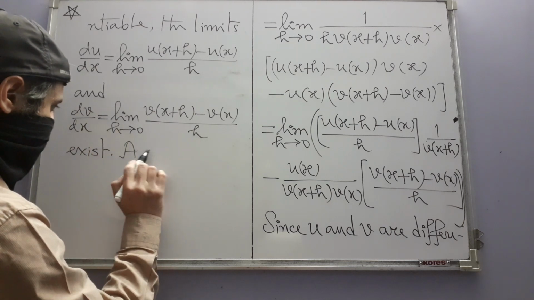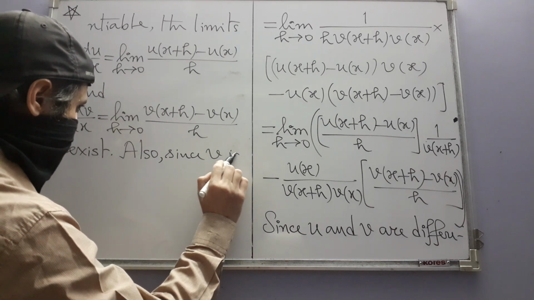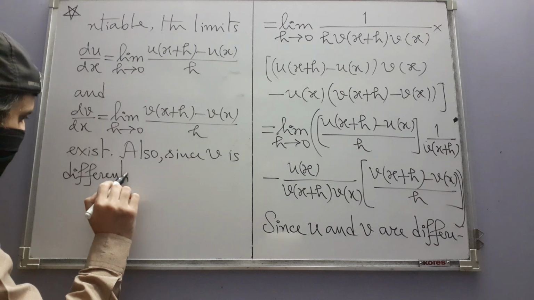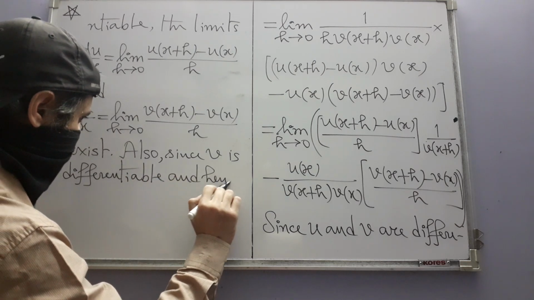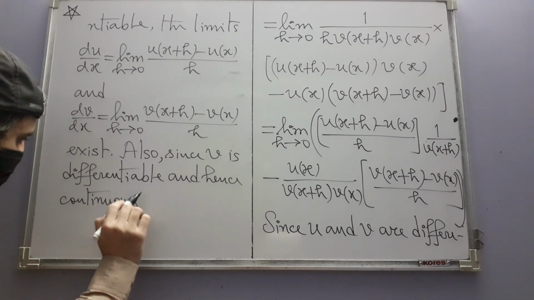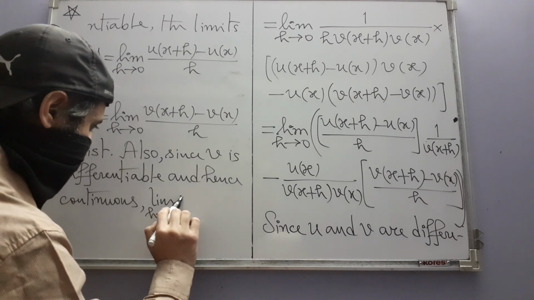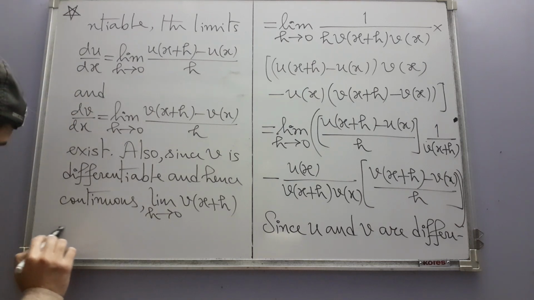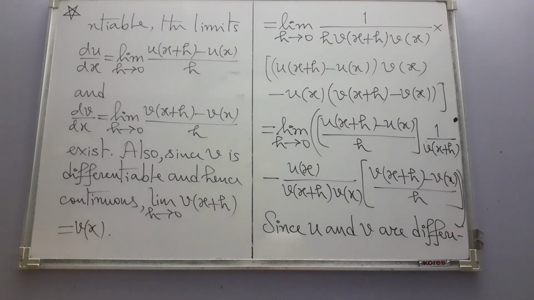Also, since v is differentiable and hence continuous, the limit of v of x plus h as h approaches 0 will exist and will be equal to v of x.